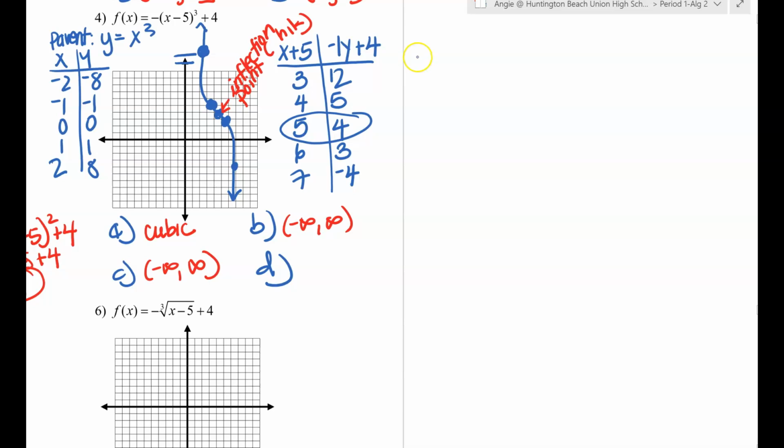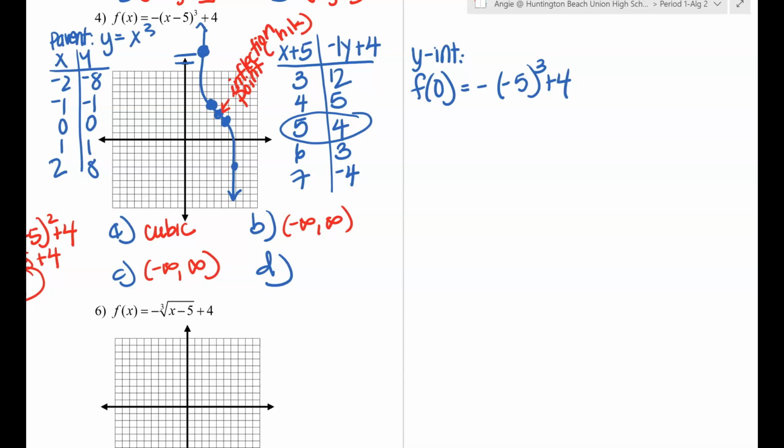Sorry, my computer was frozen again. So again, the y-intercept is when we plug in 0 for x. So negative 0 minus 5 is negative 5 to the third power, plus 4. Negative 5 to the third power is negative 125.